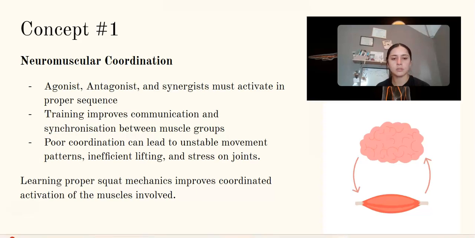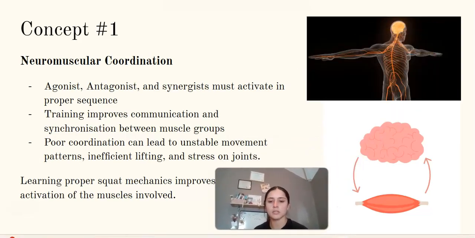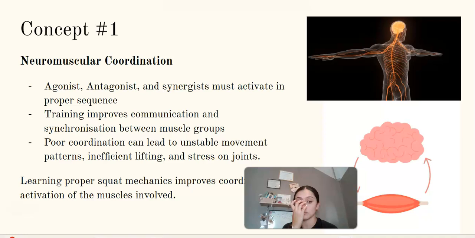So we go into our first concept. We're going to go over three different concepts, and the three different concepts touch on how these three muscle systems work in different contexts in our body. Our first one is neuromuscular coordination.